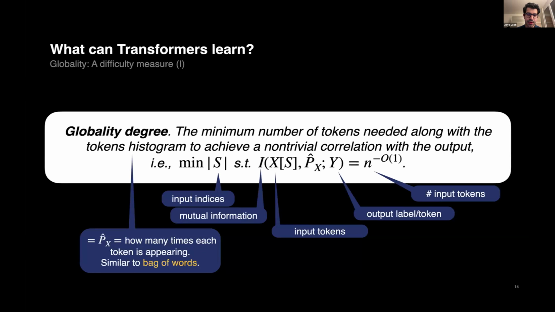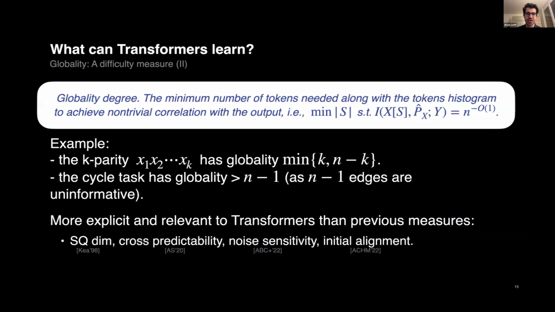Related to this measure, to give you a few examples: if you have a sparse parity function of degree k in dimension n, then the parity has globality of a minimum of k and n minus k. You need to attend to these k bits to compute the parity, and if you have k minus 1 bits, you cannot say anything about the parity result, so you get zero mutual information.